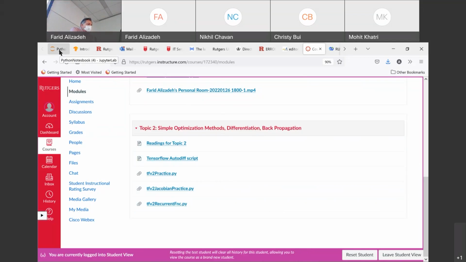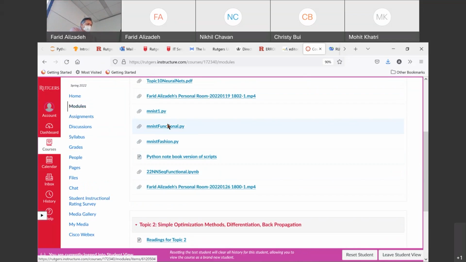So let me also say, I have posted these. I will try to have single standalone Python scripts like this, but I will also put them together at the end of the module and put them into a Python notebook.